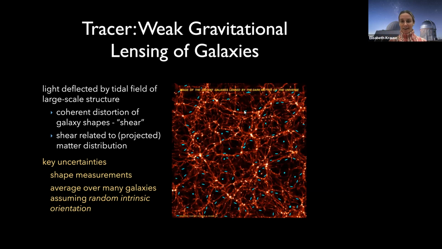And our background galaxies have nearly random orientations. We do this measurement at signal to noise of about 20 per galaxy. So that's very different than looking at the ellipticity of a sharply delineated ellipse against a background. That means we have to average over many galaxies, assuming random intrinsic orientations, and measure the shapes of these. That is a very complicated measurement.